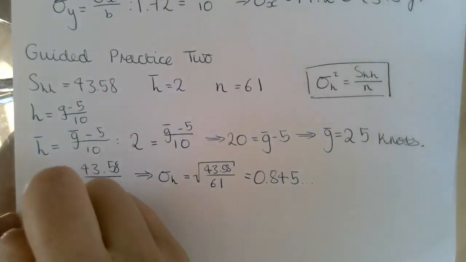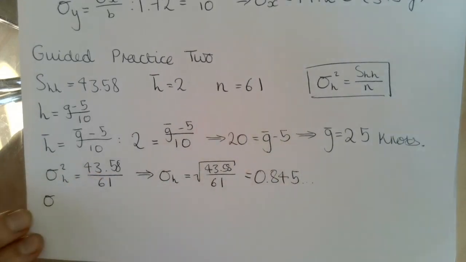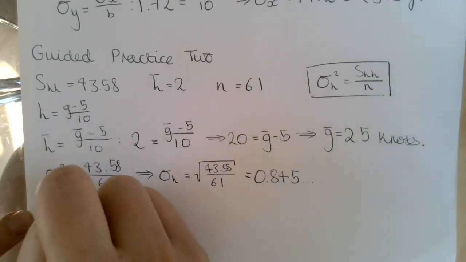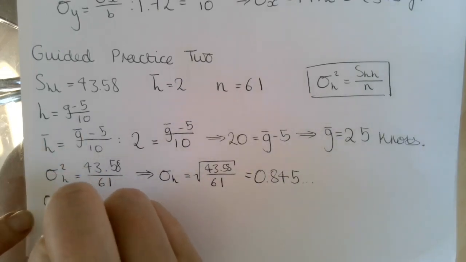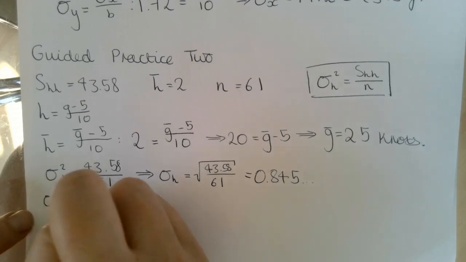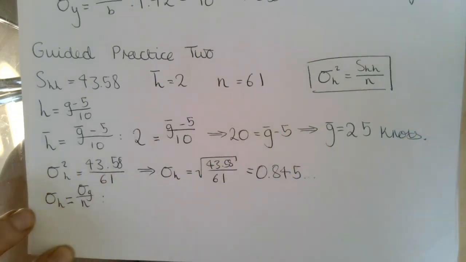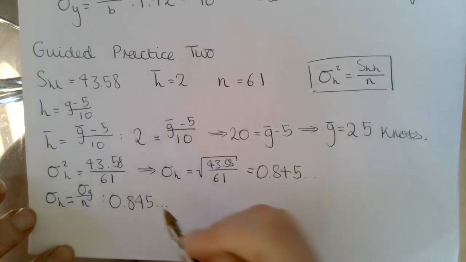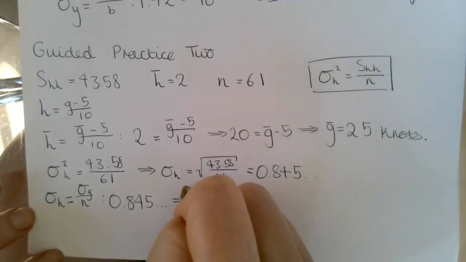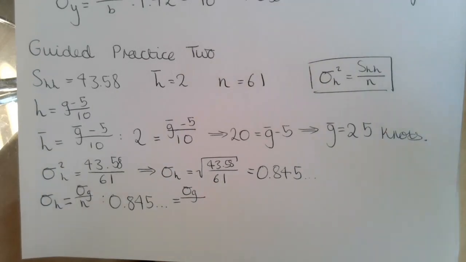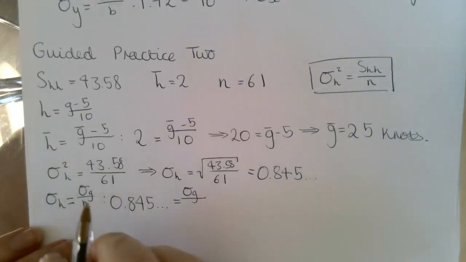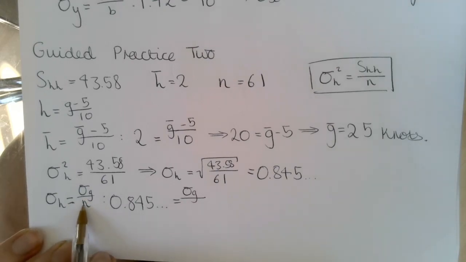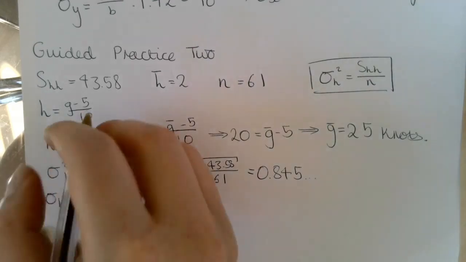So we want to find the standard deviation of G. We know that the standard deviation of H is the standard deviation of G over b. So we've got 0.845 is equal to that standard deviation that we want to find out of the data before it was coded, divided by, not n, it's divided by 10.